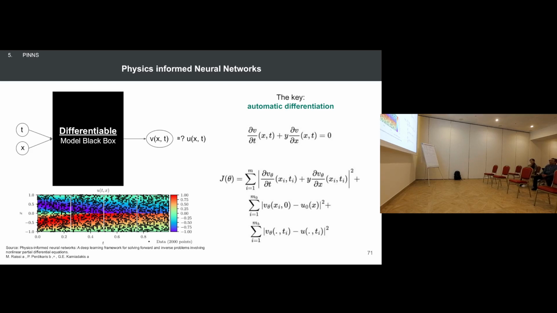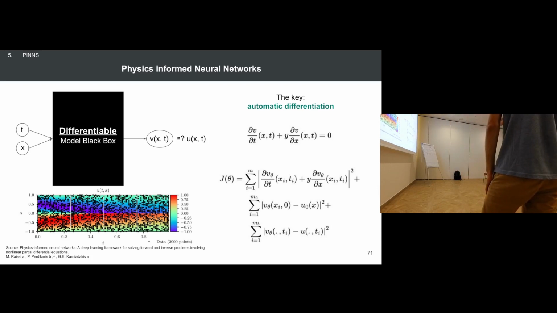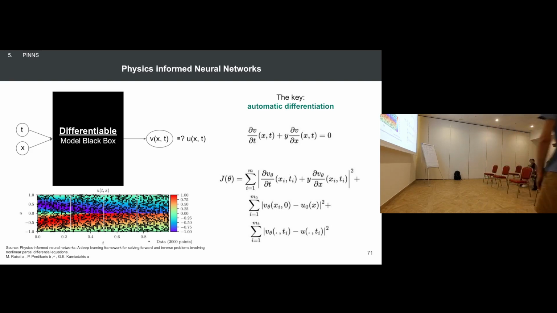So now, when we write the differential equation here, for example, usually we write the derivative of v with respect to time, plus the derivative of v with respect to x, and I equate this to 0. We have here the parameter. Then we say, okay, we have to solve this.